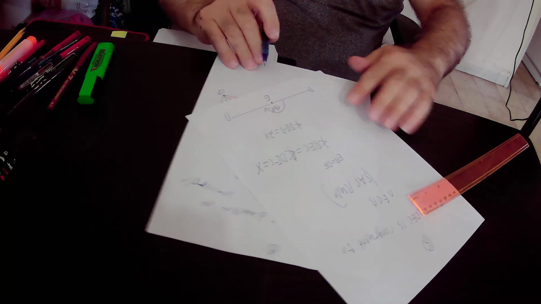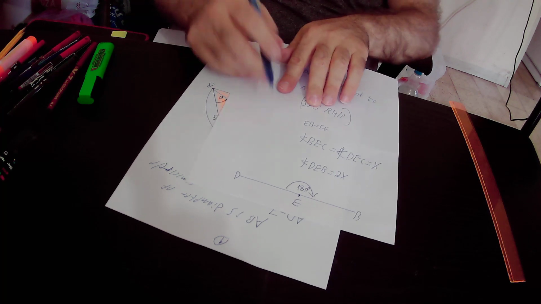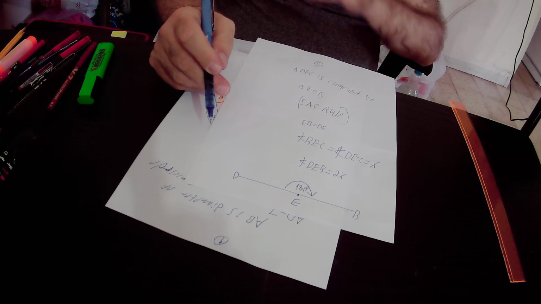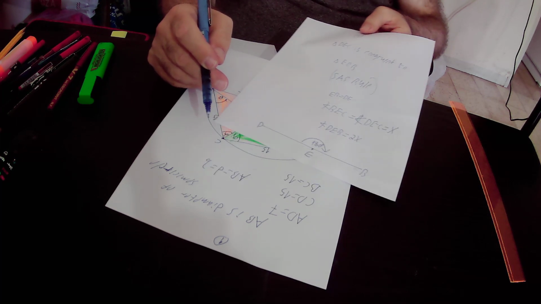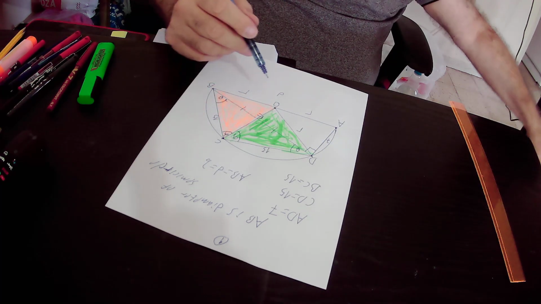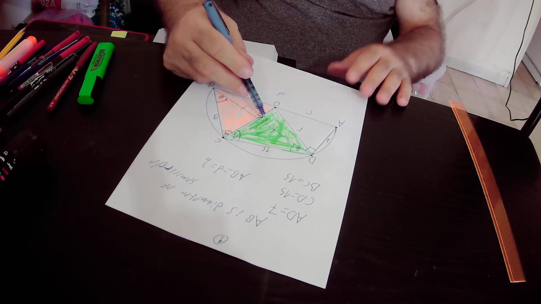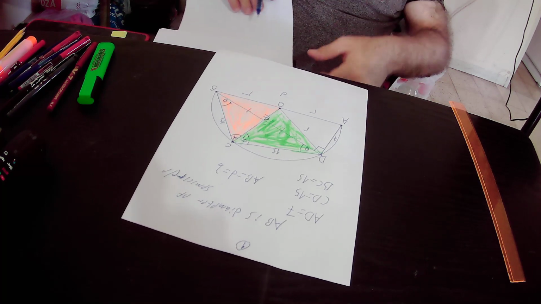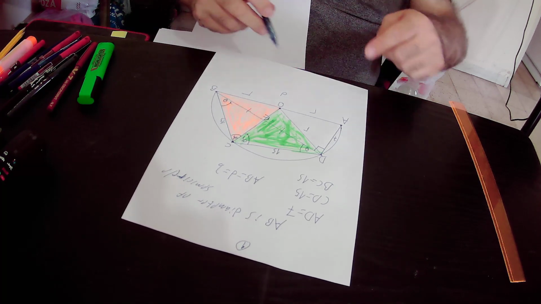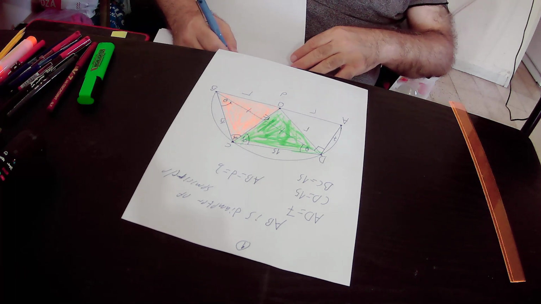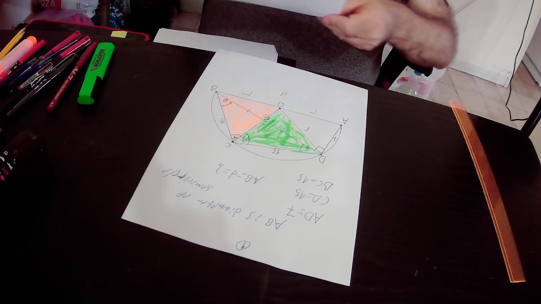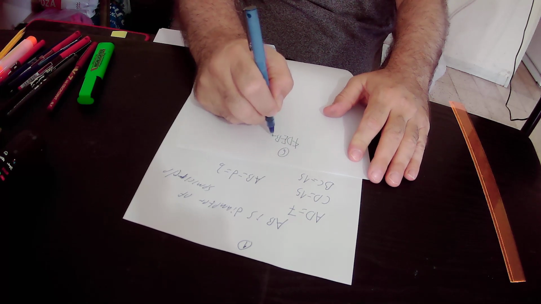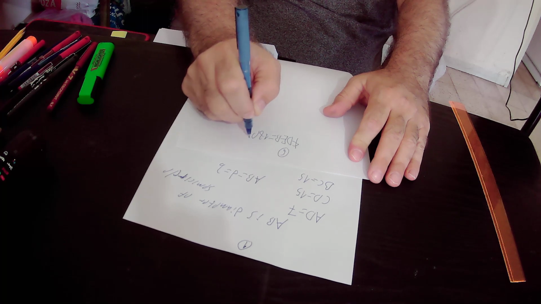Okay, again, angle DEB equals 180 degrees, because DB is a straight line. So angle DEB equals 180 degrees in its size.